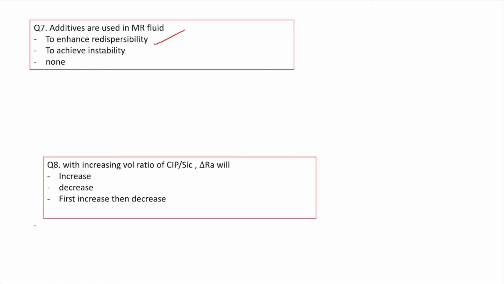With increasing volume ratio of CIP by SIC, our delta RA, the percentage reduction rate in RA, will first increase, then decrease.